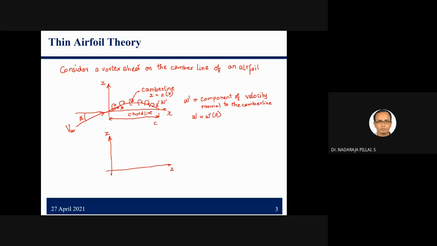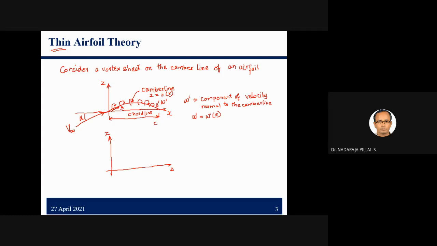Now, let us stand back once again and consider that the airfoil is so thin. That is where it becomes thin airfoil theory, right? So let us consider the airfoil is so thin that the camber line is very close to the chord line.